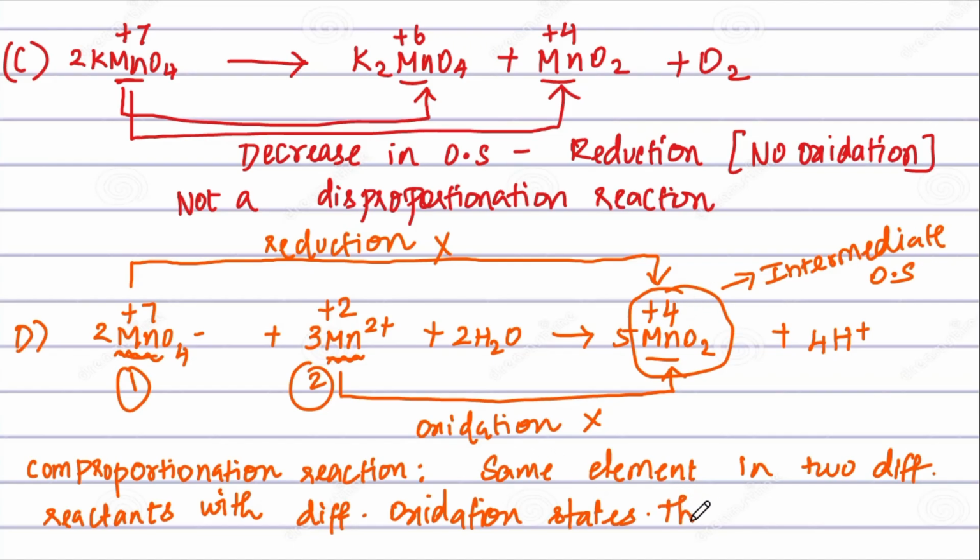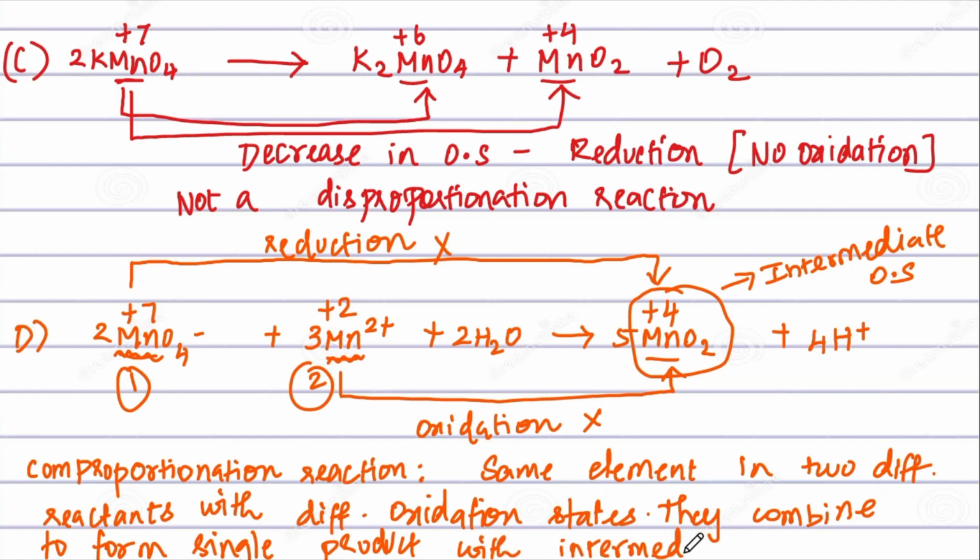So they combine to form a single product with an intermediate oxidation state. So this type of reaction is not a disproportionation reaction, it is a comproportionation reaction. It is also called synproportionation.